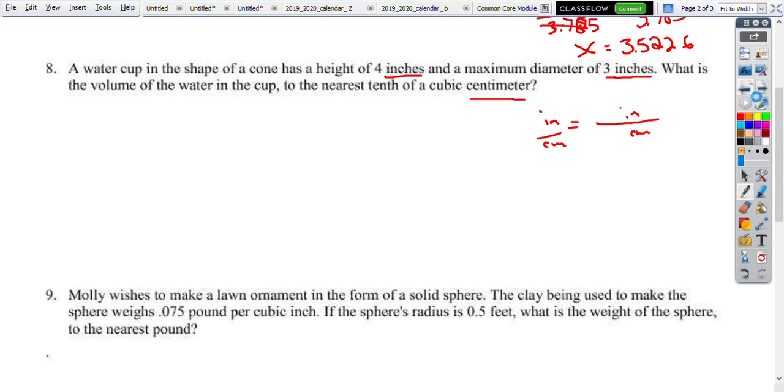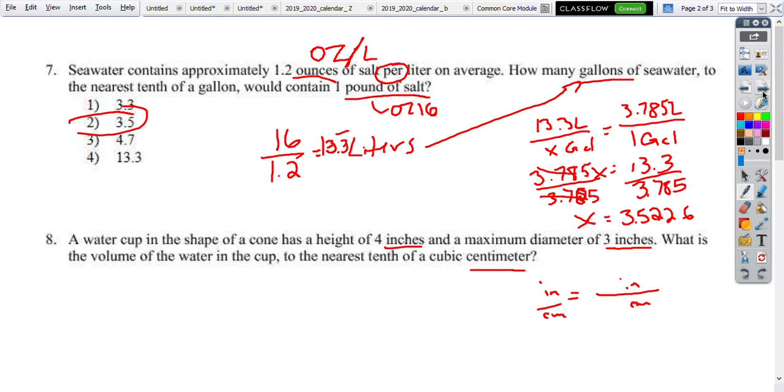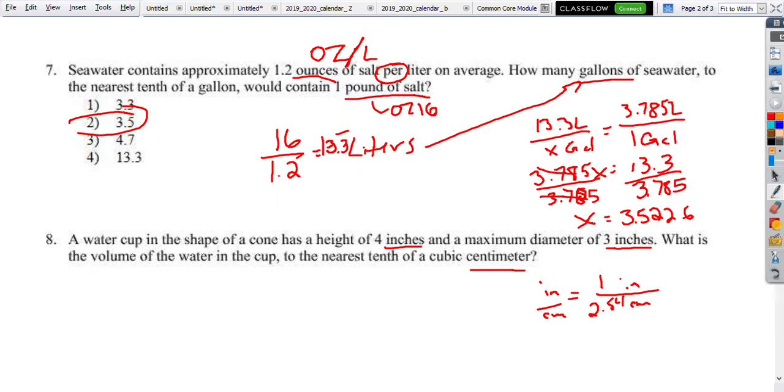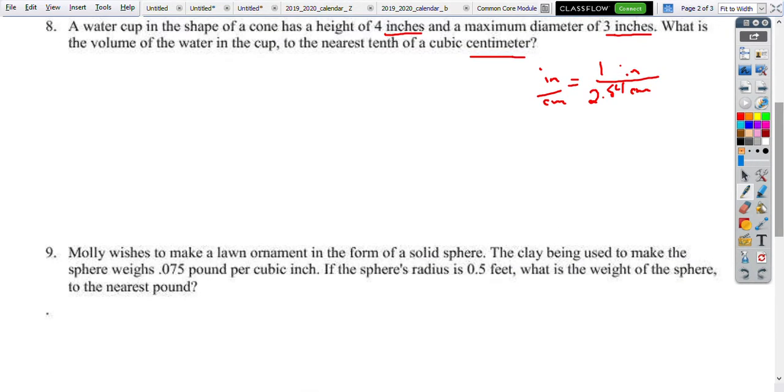If we take a look, going back to the chart, it's 2.54 centimeters per inch. So 1 inch is 2.54 centimeters. So we're starting with 4, and then we're starting with 3. So 4 over x, and then we're just going to cross multiply.